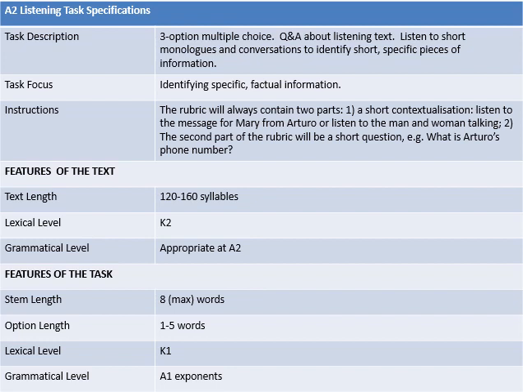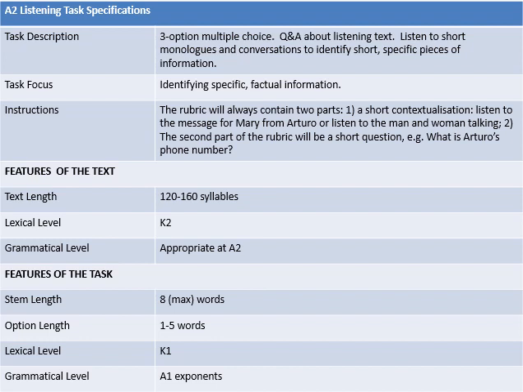It could be a message or it could be a dialogue. But importantly too, the distractors are going to appear in the text at A2 level. We don't do that at A1 level. And also the text is a little bit longer, and it's graded for K2 and A2 lexical and grammatical levels.